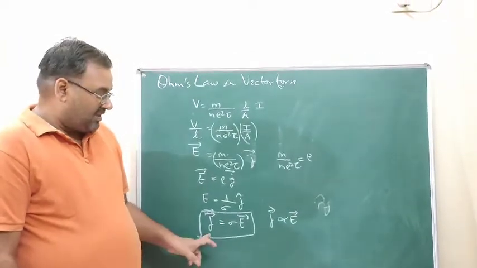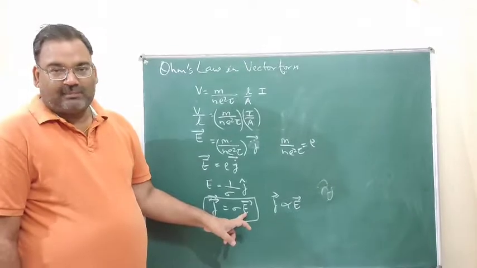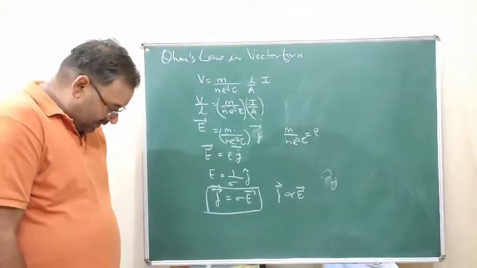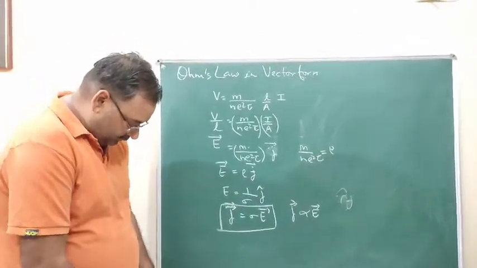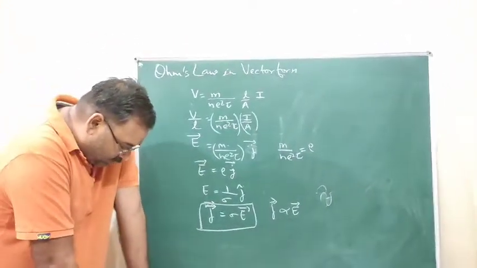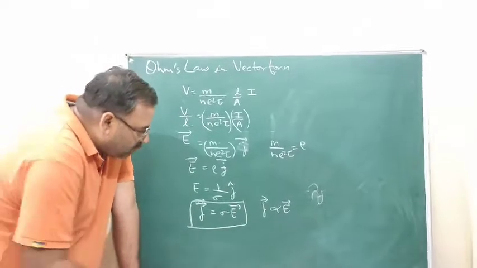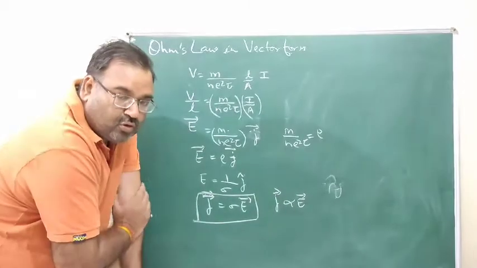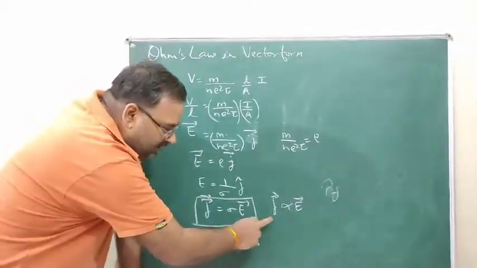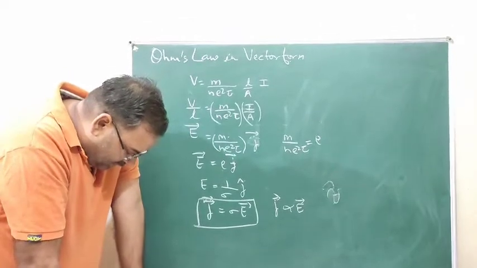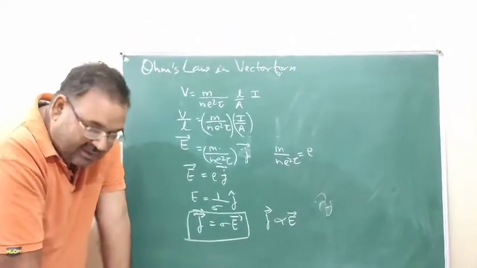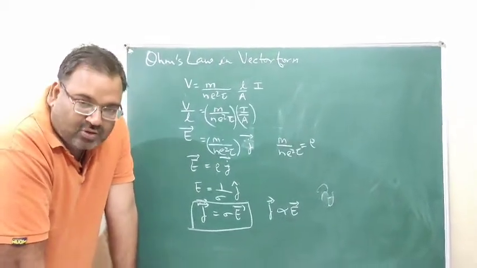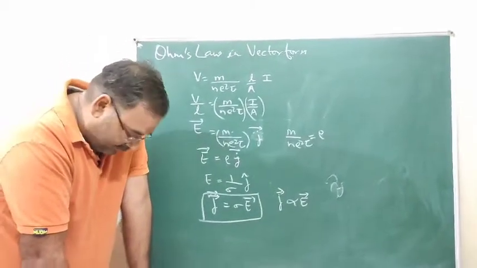So J is directly proportional to E. The current density is directly proportional to E. Thus, Ohm's law in vector form: J equal to sigma E, or J is directly proportional to E. Ohm's law in vector form states that current density is directly proportional to the electric field applied across the ends of the conductor.